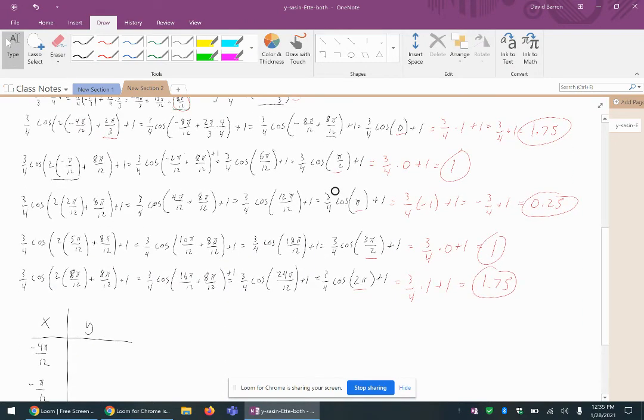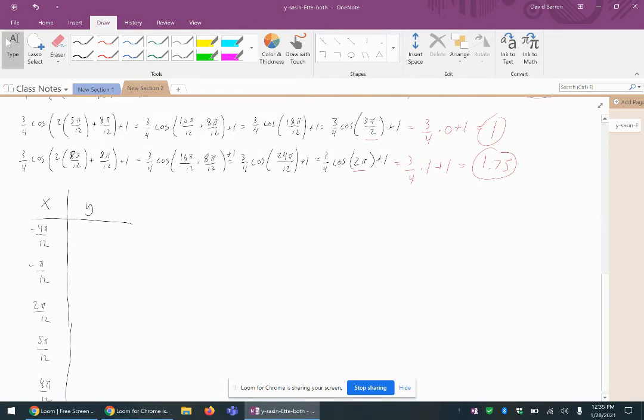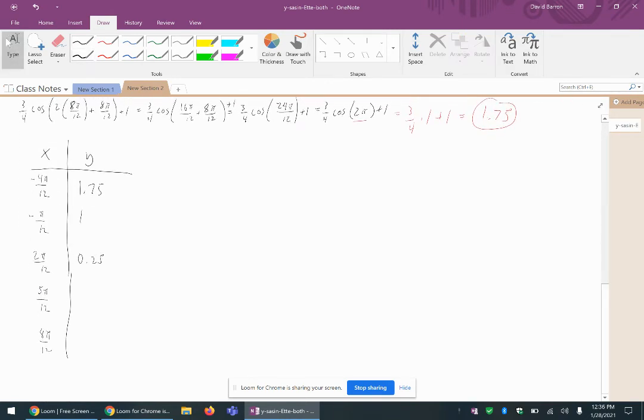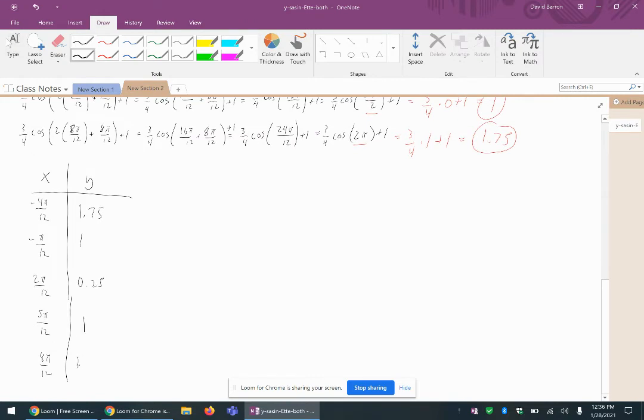Yeah, good. Okay, and then we have 1.75, 1, 0.25, 1, and 1.75. And note, in this case, I specifically did not reduce this, or this. Let me talk about why as we go through graphing this here.